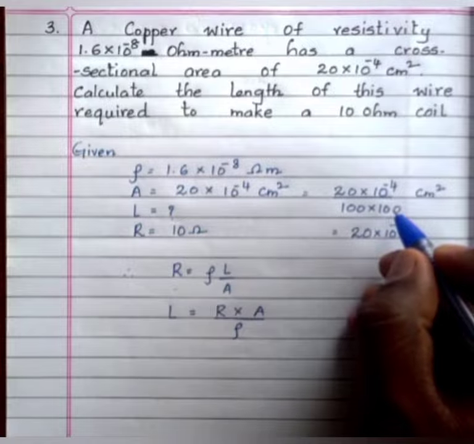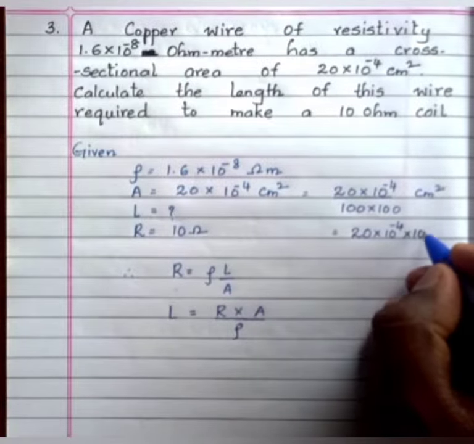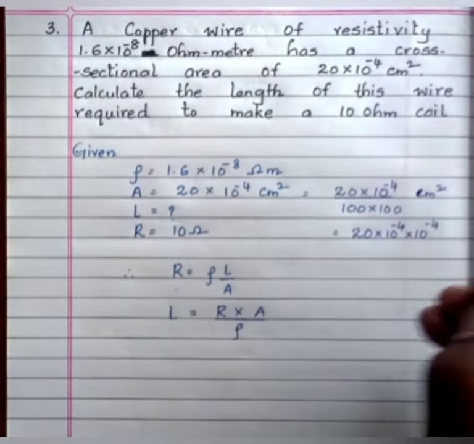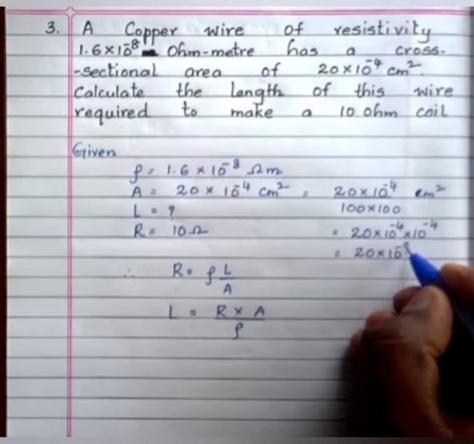Now 10 power minus 4 into 10 power minus 4, we get 10 power minus 8. Therefore, the area of the copper wire is 20 into 10 power minus 8 meter square.